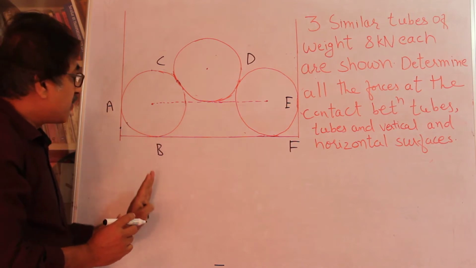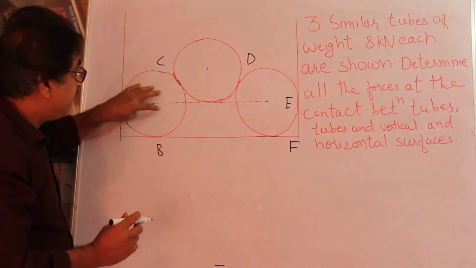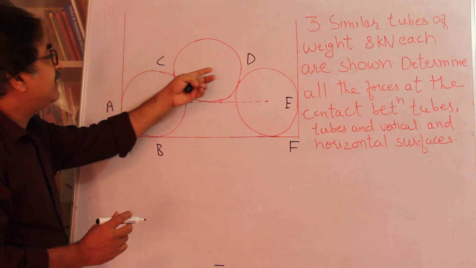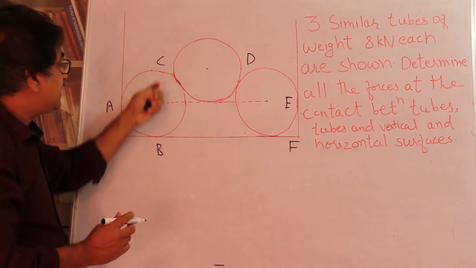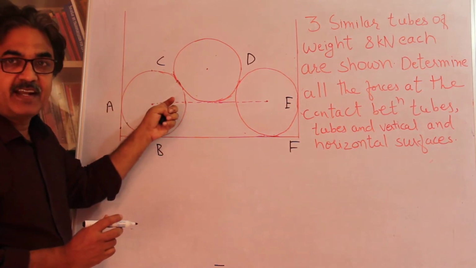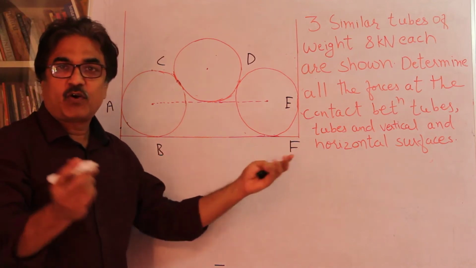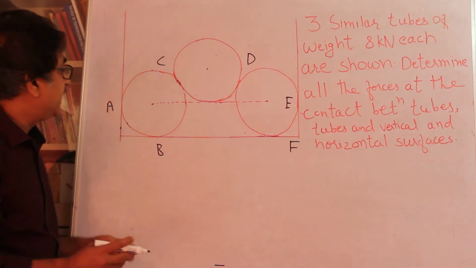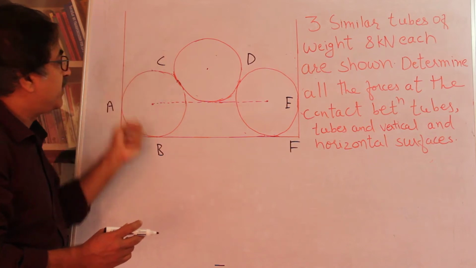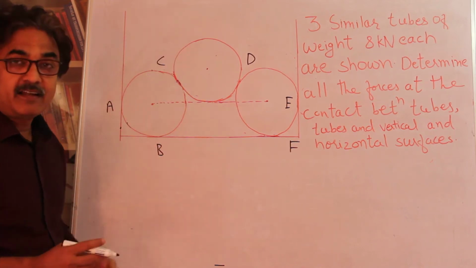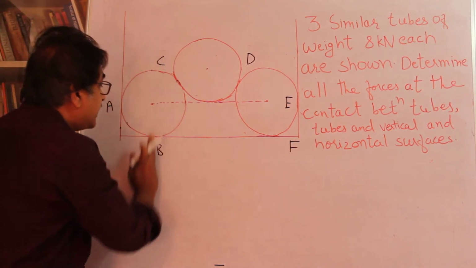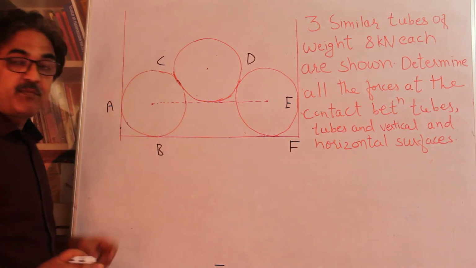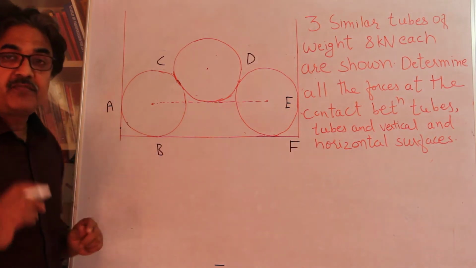So the normal force is balancing the weight of this and the weight component of this, which is shared by this tube. So don't quickly say that this is equal to the weight of the tube. No, you have to consider the other forces on this tube in order to find the normal force at point B.